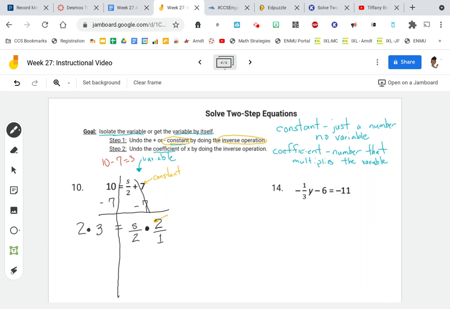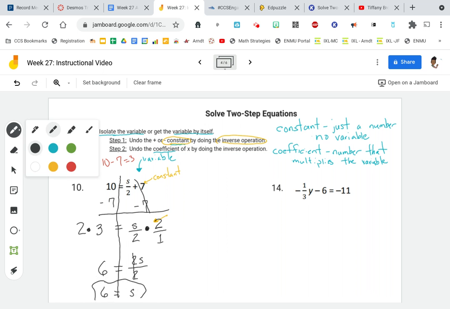If I multiply by 2, I'm going to essentially have 2s over 2 equals 2 times 3 is 6. But look, this 2 and that 2 divided by 2 is 1. So really all we have is 1s equals 6. And that is our answer.